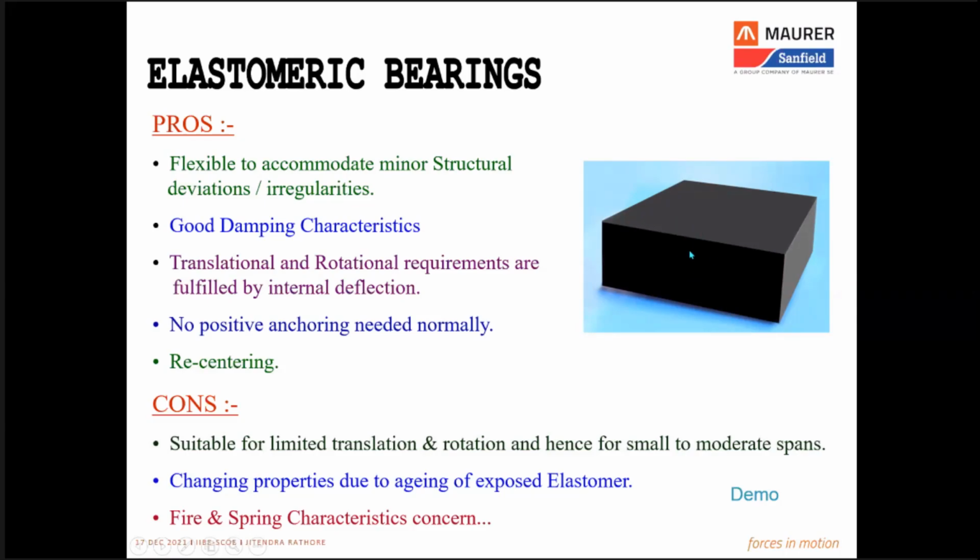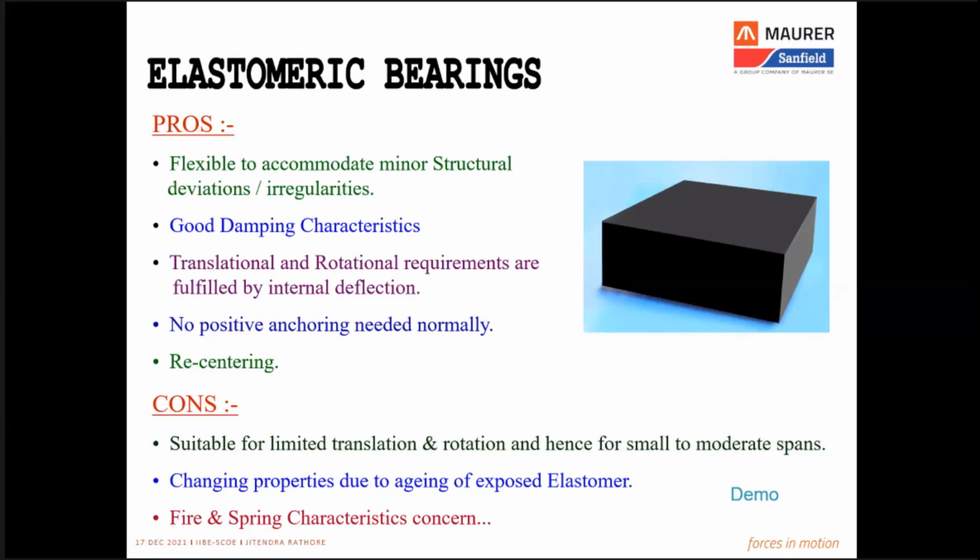By virtue of the elastomeric component, the bearing is flexible enough to accommodate structural movements and rotation. It offers good damping characteristics as well. The translations and rotations are both offered by the elastomer's deformation or deflection, so the bearing takes care of movement and rotation by self-deformation.